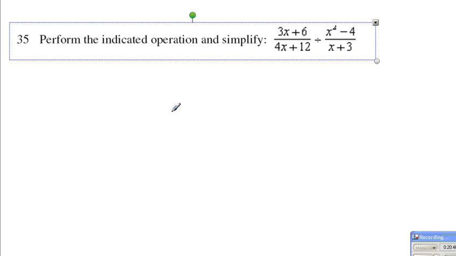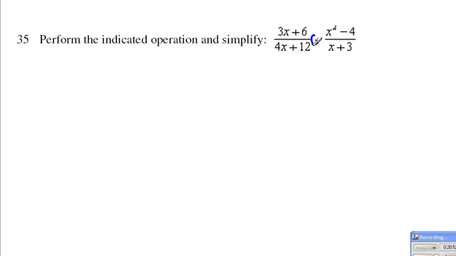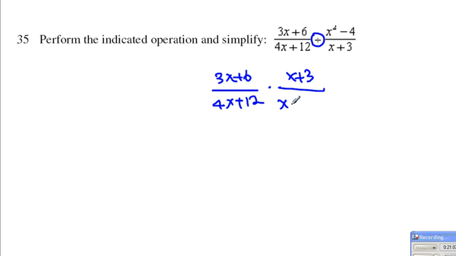Next. We just have to do this one. Now, in order for us to do this, let's factor first. Since we have a division, let's flip and then multiply first. So we have 3x plus 6 over 4x plus 12 multiplied by x plus 3 over x squared minus 4. Now, when you factor each one of them, we end up getting 3 times x plus 2 on top.